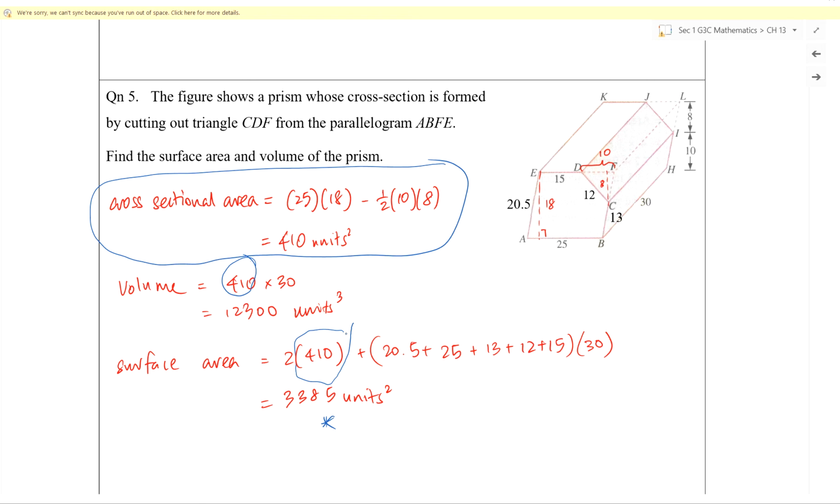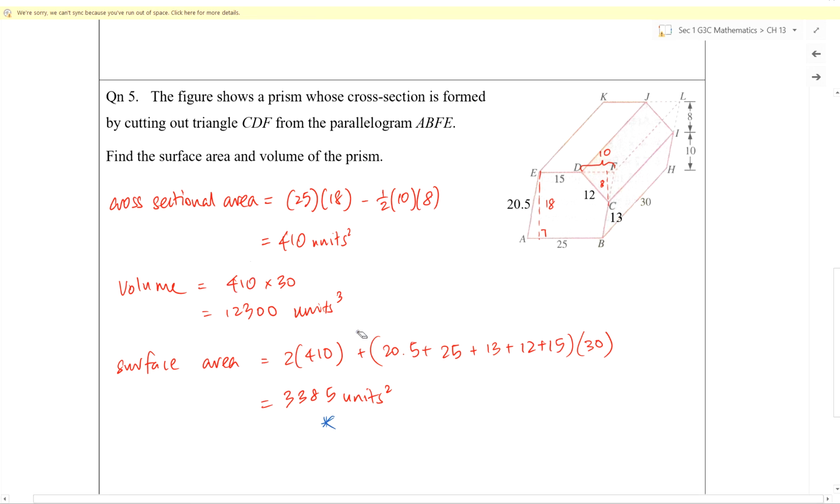I'll write down the cross-sectional area, then I'll just quote the value in the next two calculations. Okay? So in my calculation of volume, it is our cross-sectional area times the thickness. Get the value.